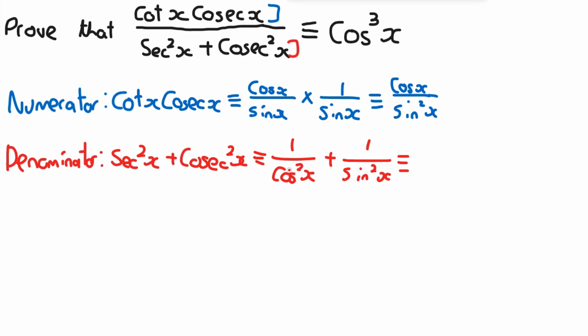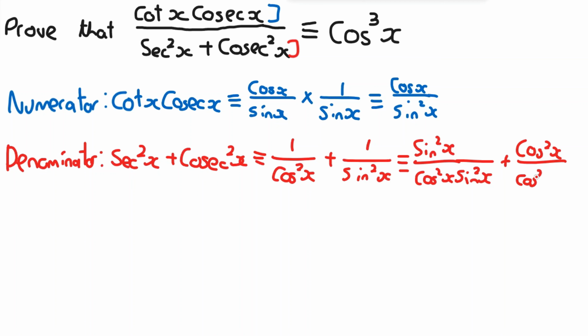So what we're going to do is multiply this by sin squared x over sin squared x, so it becomes sin squared x over cos squared x sin squared x, like this, and this is going to be plus, and then we're going to multiply this by cos squared x over cos squared x, so this becomes cos squared x over cos squared x sin squared x.